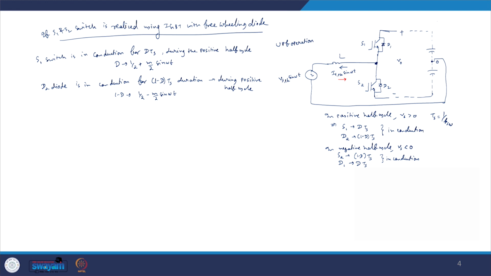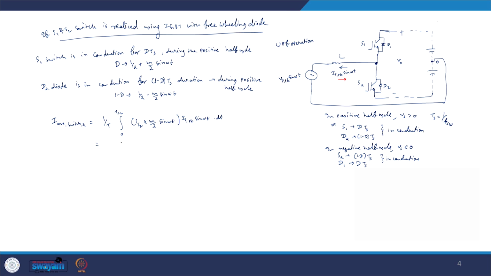So we can write in a simpler manner the I average of the switch, particularly for S1, as 1 by T, 0 to T by 2, 1 by 2 plus m by 2 sine omega t. During this dt period, the current flowing through the switch is Is peak sine omega t, as we have already assumed unity power factor operation.